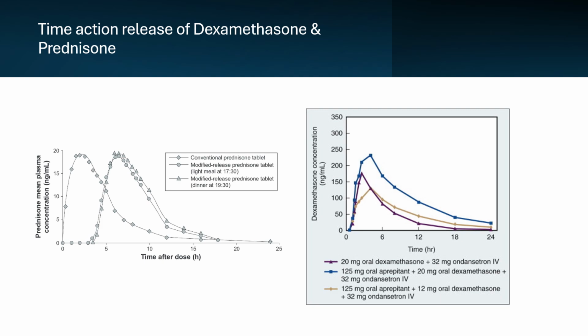So this is a time action profile of dexamethasone versus prednisone. Prednisone's on the left here, and we can tell that when we give the prednisone, within about 4 to 6 hours is when the most havoc is wreaked on the glucose levels. So if we want to test somebody's fasting blood sugar who's taking prednisone once a day, it's going to show normal levels, because look at how quickly it causes the insulin resistance and all of the other hepatic glucose release and the lack of uptake in the muscles and adipose tissue.